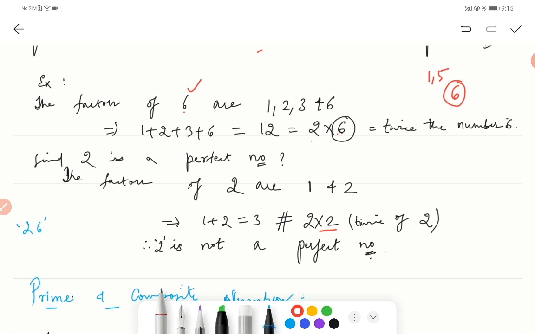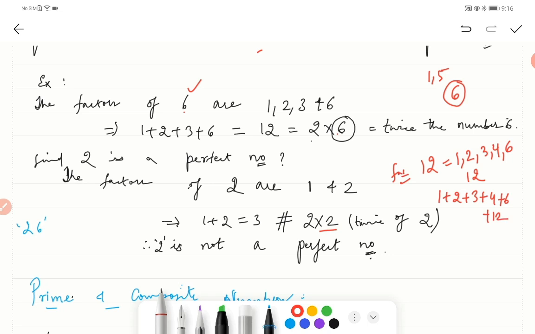Okay, can you check for 12? What are the factors of 12? 1, 2, 3, 4, 6, 12. So add all the factors, 1 plus 2 plus 3 plus 4 plus 6 plus 12.